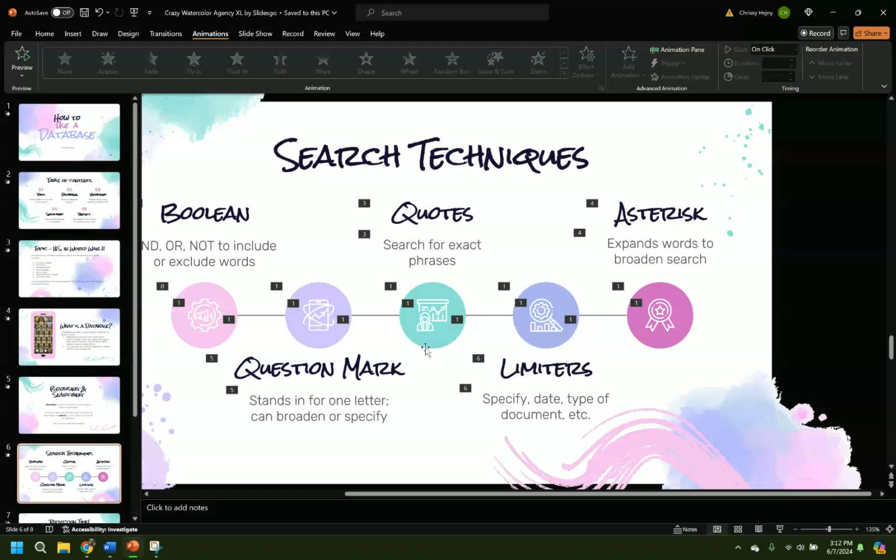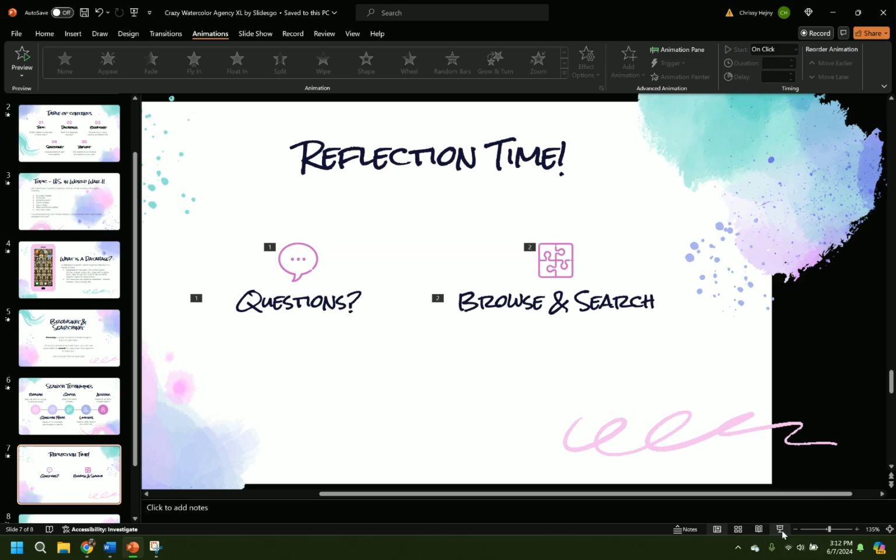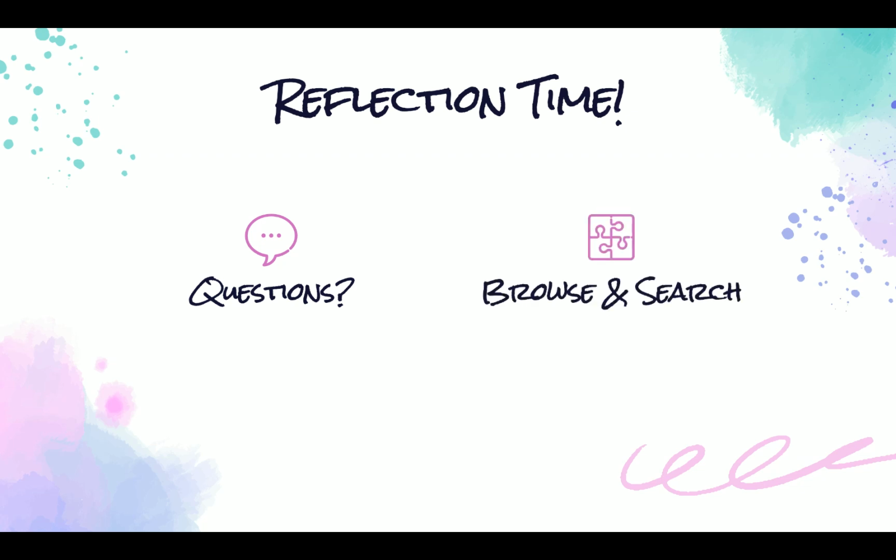Okay, so let's go back to our presentation. And at this point, I would ask what questions you have on how to browse, how to search, what's the difference, what about all of these advanced search tips and tricks, etc. And then I would encourage you to go ahead and chat with your group mates, chat with your partner, go log into Mac and Via, start browsing, start searching.